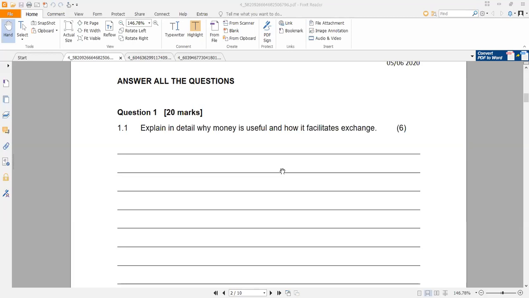Anyone to contribute to 1.1? Why is it useful?